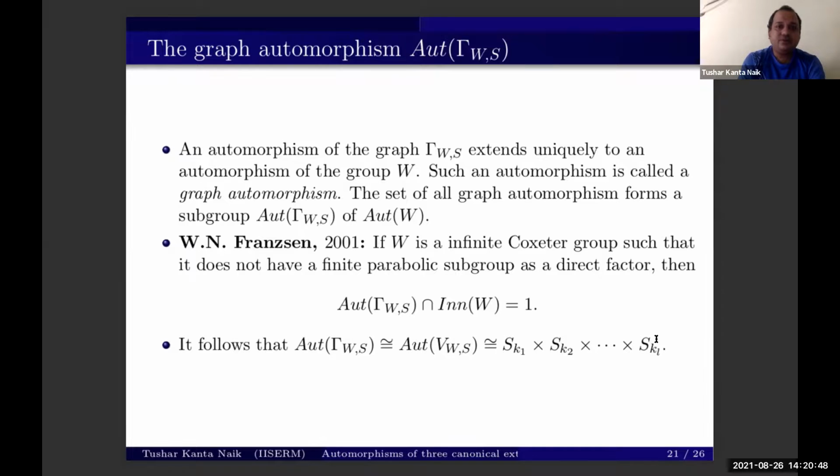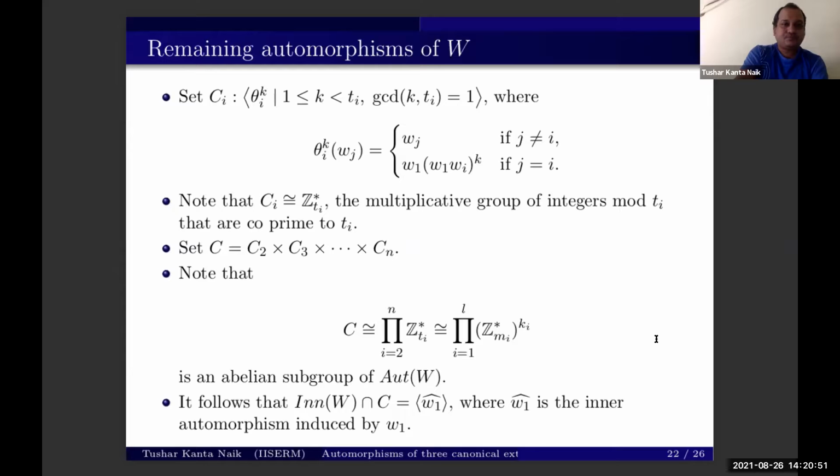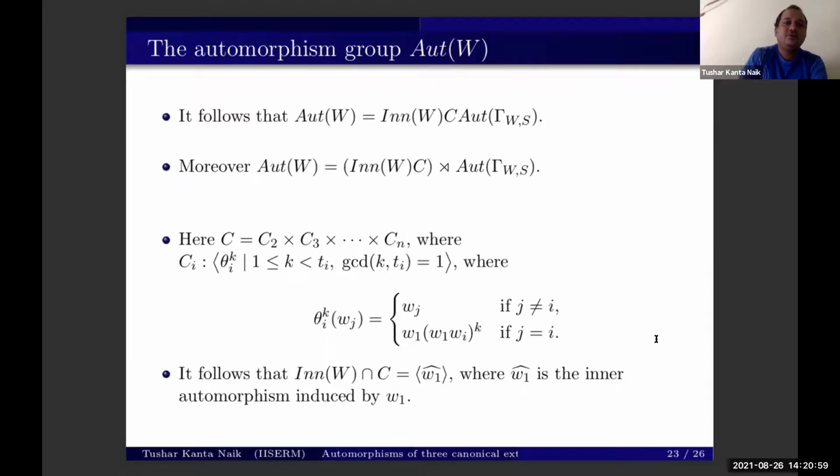And finally, we'll skip this slide, and the full automorphism group of W is the inner automorphism group times C times the graph automorphism group, where the outer automorphism group splits over the inner automorphism group, but this splitting happens in this group. Sorry, this is the graph automorphism group.